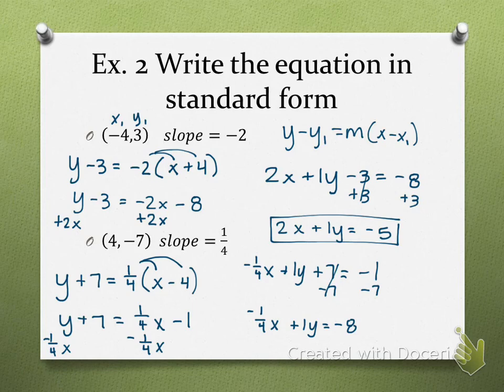You can multiply by 4, and since it's a negative, I can multiply it by a negative 4, and it's going to change it to a positive. So I take care of both of my problems in one step. Negative 4 times 1/4 is 1x minus 4y equals 32. So now I have my final answer, and it is in standard form.